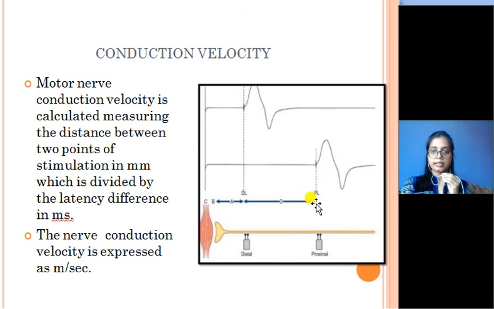Latency difference is the proximal latency minus the distal latency. So, this is the distance between the 2 points of stimulation in millimeters divided by the proximal latency minus the distal latency, and it is expressed as meters per second.